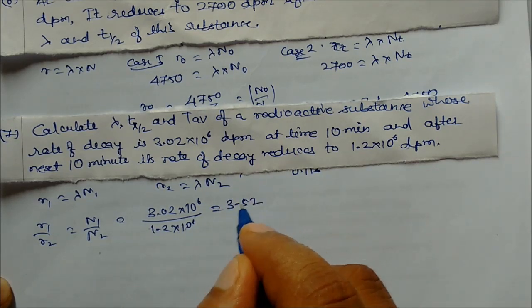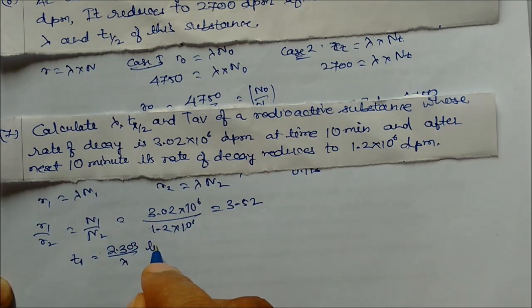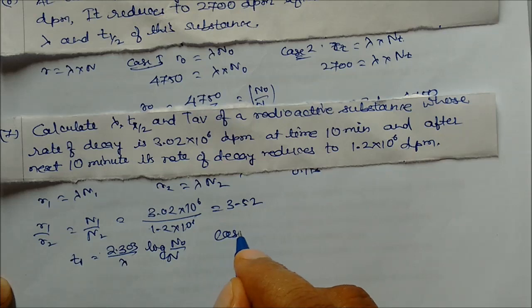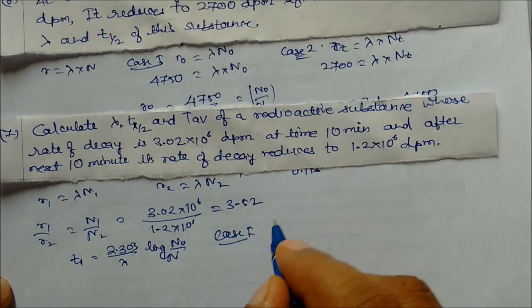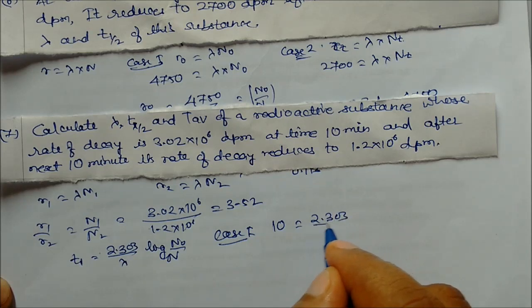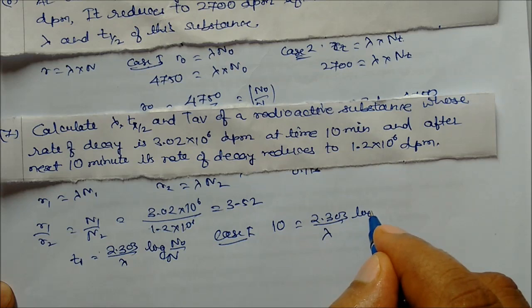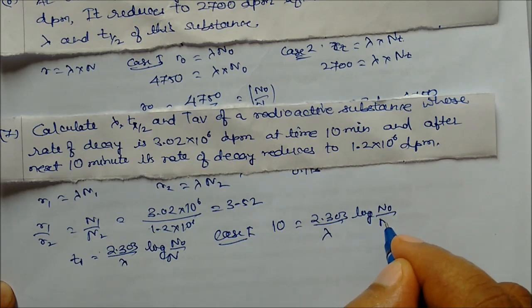Okay, so now for the first case, time will be 2.303 divided by lambda and log N naught by N. So take case 1: they have given t equal to 10, so 10 is equal to 2.303 by lambda into log N naught by N1.